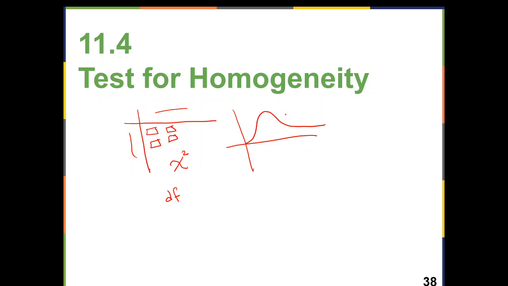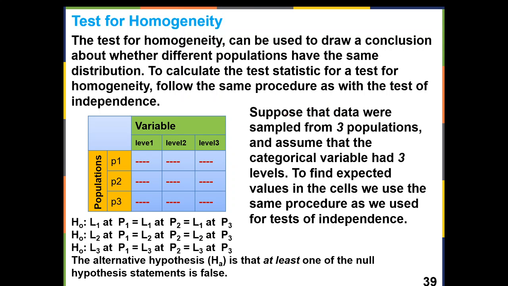So let's talk about this test for homogeneity. In test for homogeneity, what we are trying to do is very similar to what we did for independence. In fact, the calculations are exactly the same. So we have a contingency table, but this time we have populations, maybe two or more, and then we have a categorical variable with different levels.